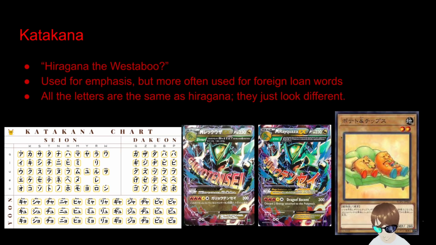The potato and chipsu got really slagged by this rendering, but this is a great example. If you look at this chart, the chart is again pretty much the same. It's the exact same kind of letter chart functionally. It's just that they're all written differently.